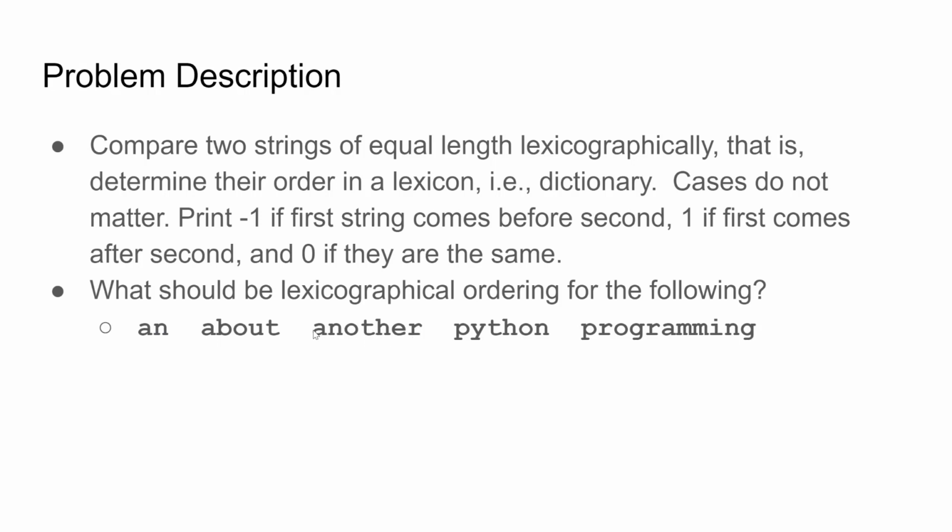If you don't believe me, you can find a dictionary and look it up. But I know nowadays it may be hard to actually find a physical dictionary. Anyway, after "an" is "another", then after that is "programming" because R comes before Y. So that's lexicographical ordering.